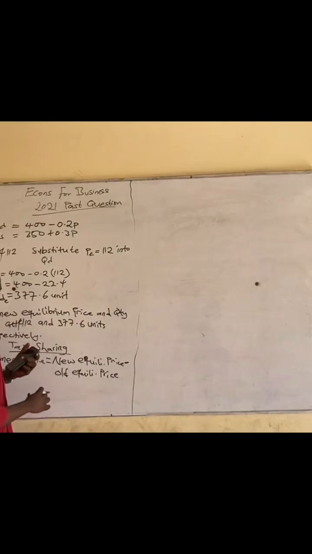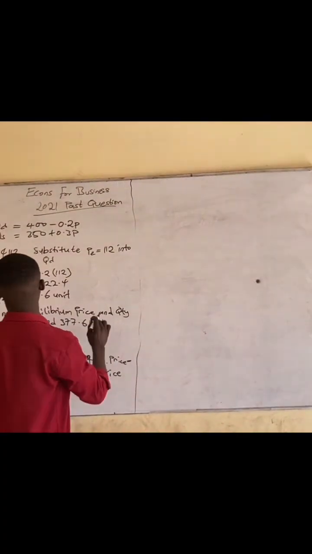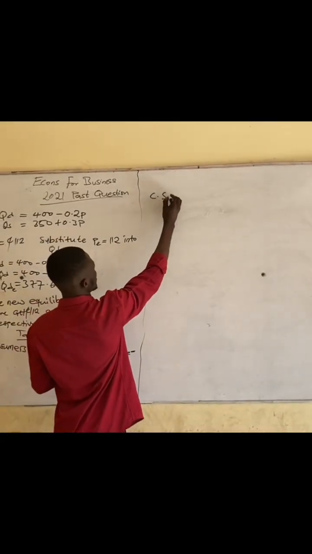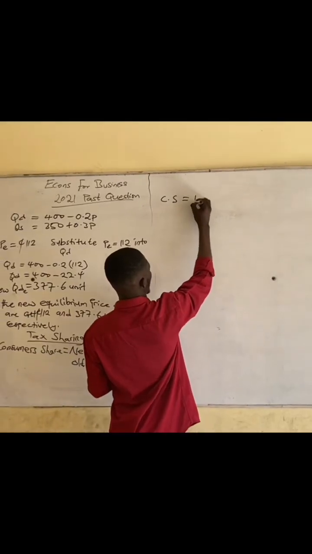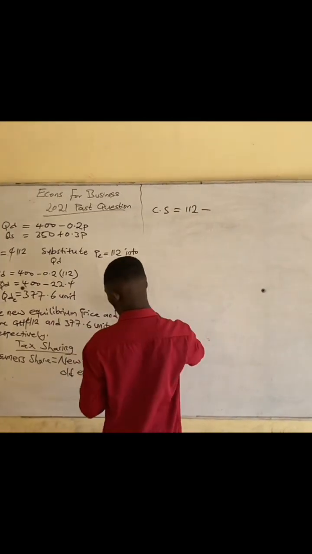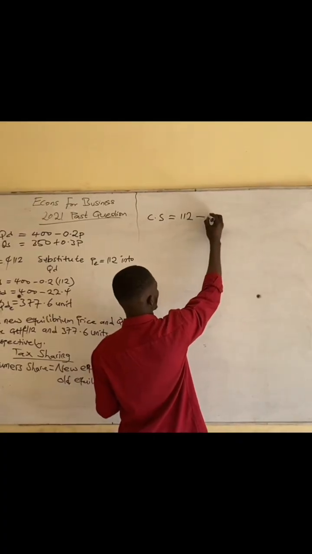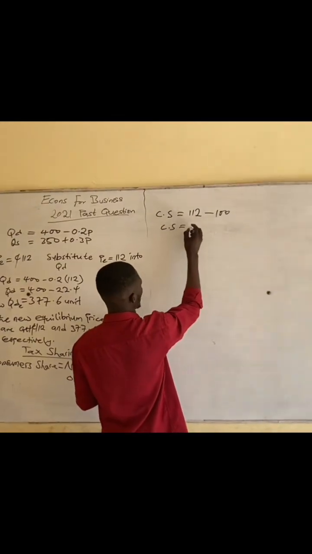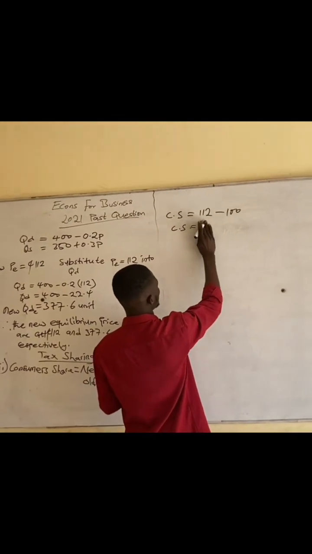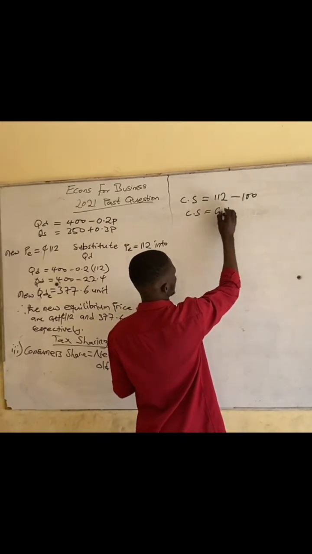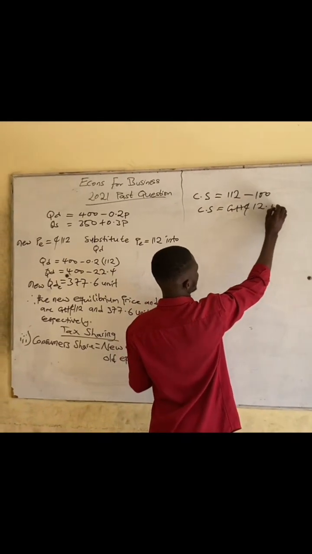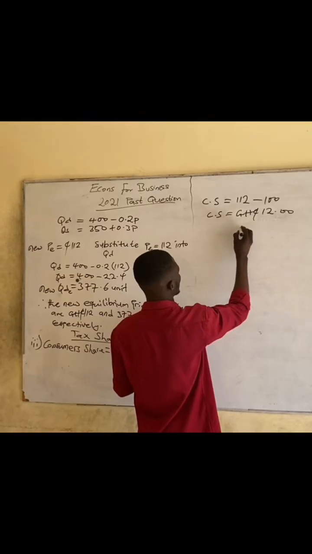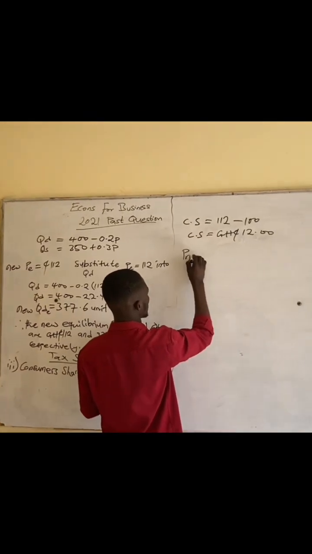Here our new equilibrium price is 112 minus the old equilibrium price, which was 100. So the consumer share is equal to 12 cedis.